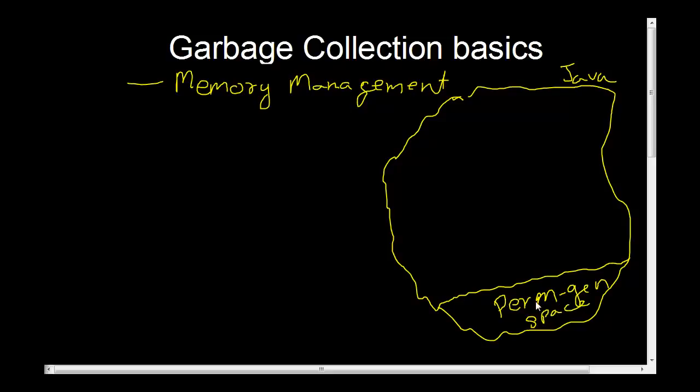We'll talk about that later. And what we're primarily interested in is the Java heap. This is where all the programs you write usually actively deal with, getting memory from this chunk.